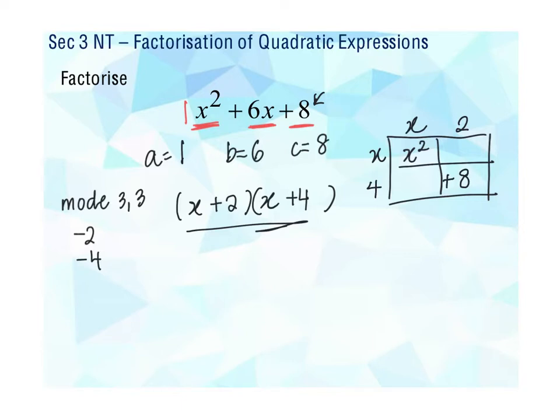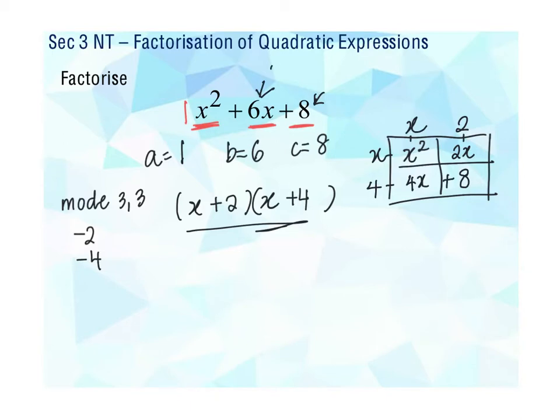Let's try to complete our working. 2 times x will give me 2x. And x times 4 will give me 4x. For the center term, I want to be able to get positive 6.